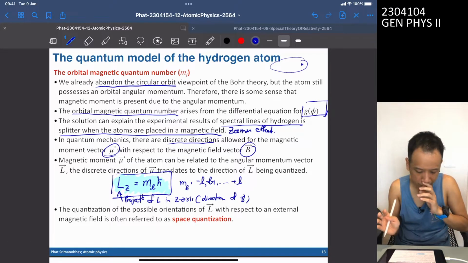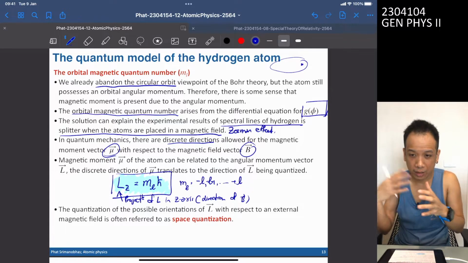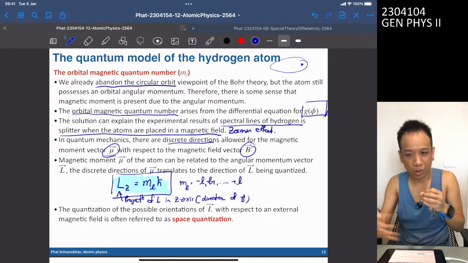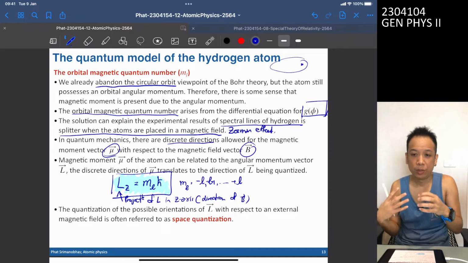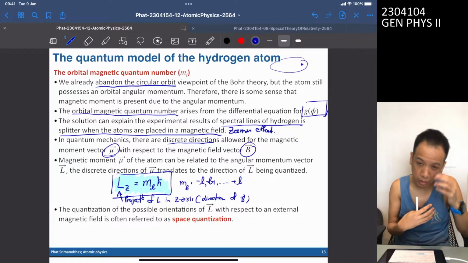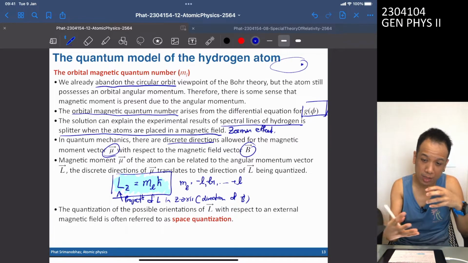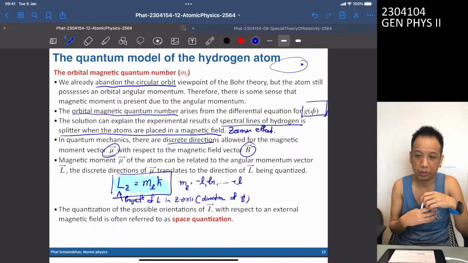In quantum mechanics, we don't have a clear viewpoint of the electron trajectory or circular orbits, but we still have the concept of orbital angular momentum and magnetic moments.